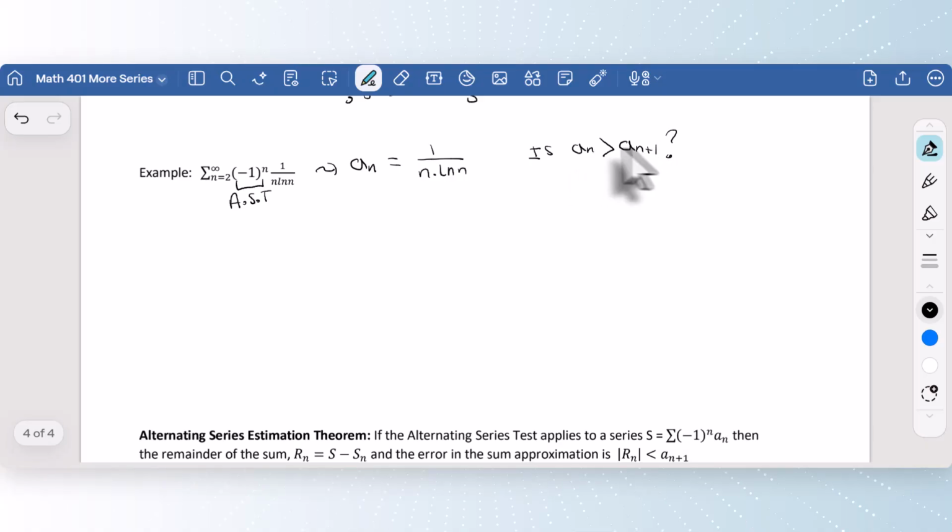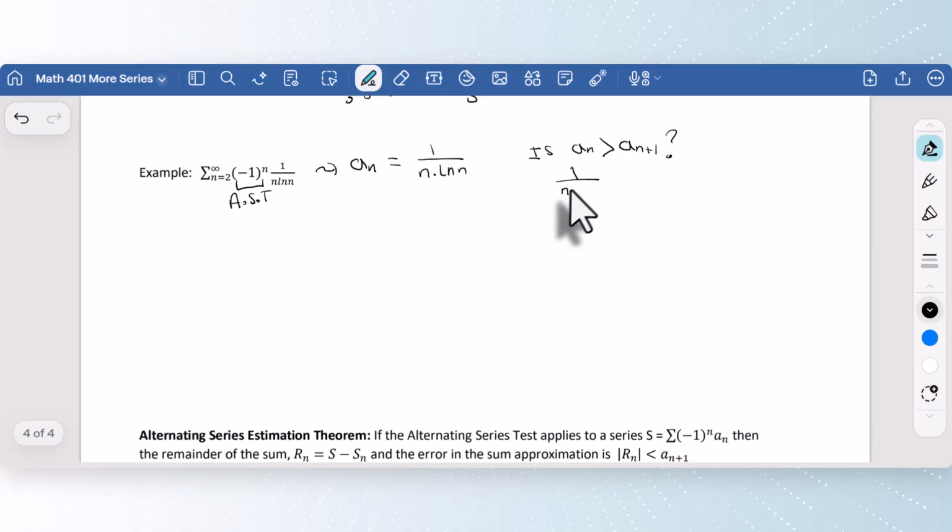Is the next term smaller than my original term? So if a is 10, then is a sub 11 smaller, and then a sub 12, and then a sub 13, a sub 14. So is the next term smaller than the one before it? That's what this is asking. If the answer is yes, that means it's decreasing.